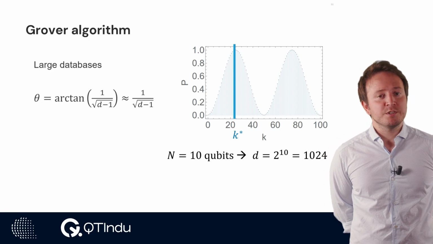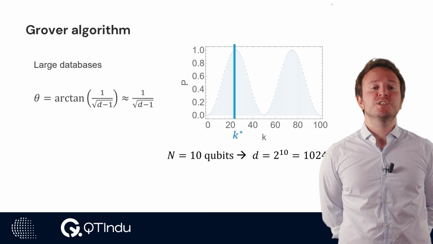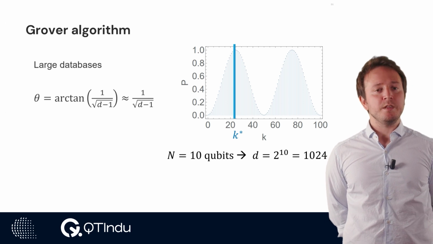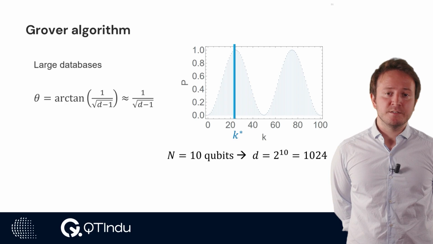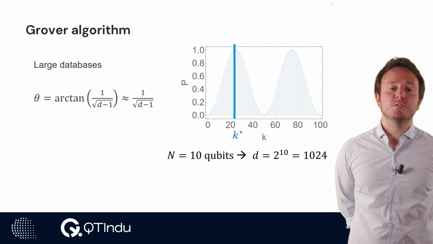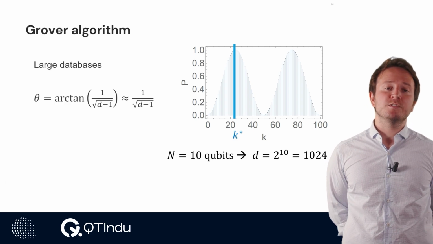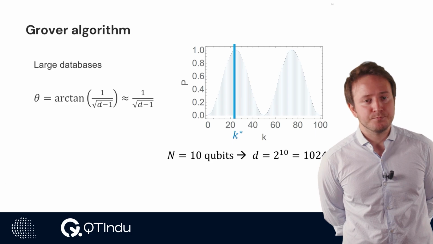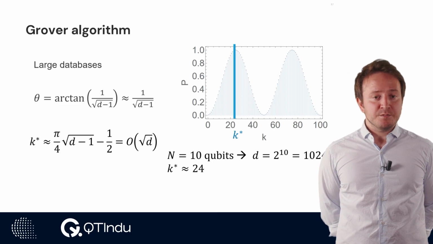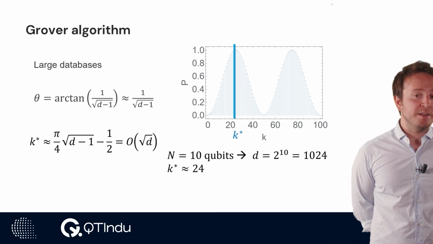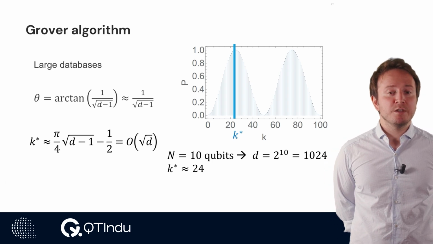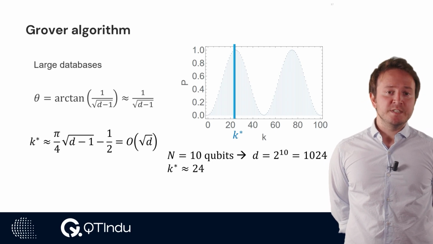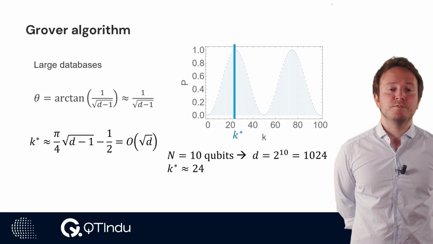So let us see what happens when we take the limit of very large databases. In this case, the angle theta can be approximated as just 1 over the root of d minus 1. This means that the ideal number of iterations will be given by the integer part of pi over 4 times the root of d minus 1, minus 1/2.